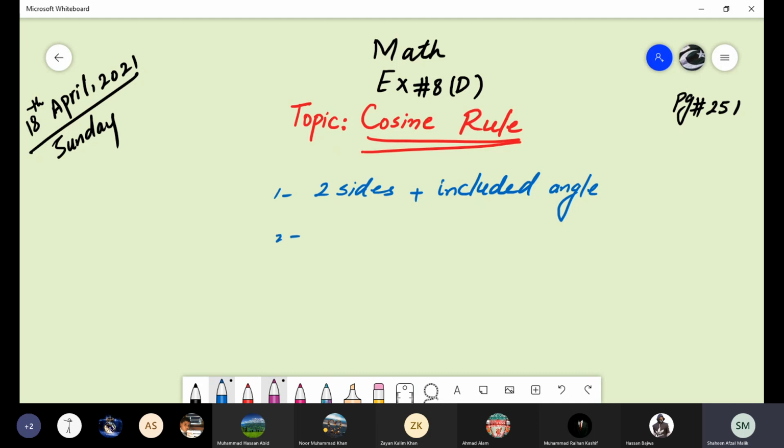And the second condition is when all three sides are given and you have to find an angle.